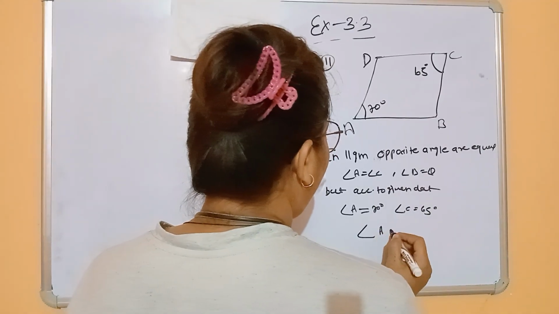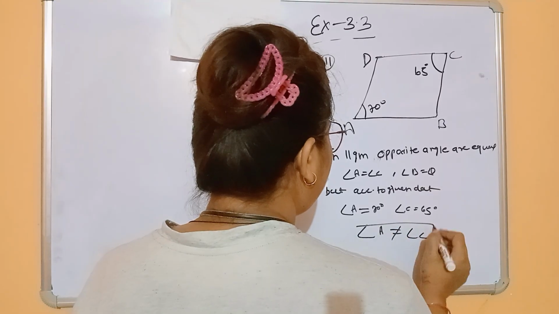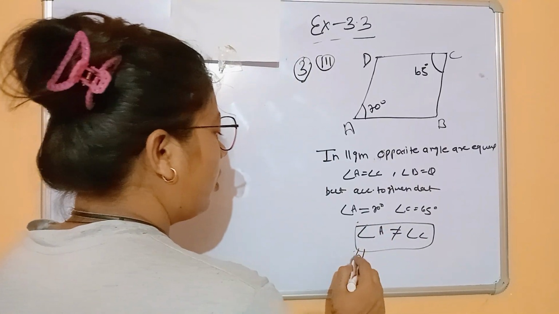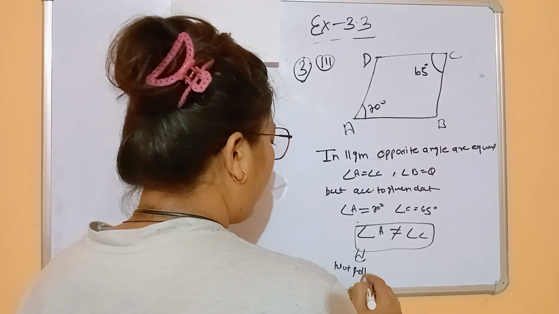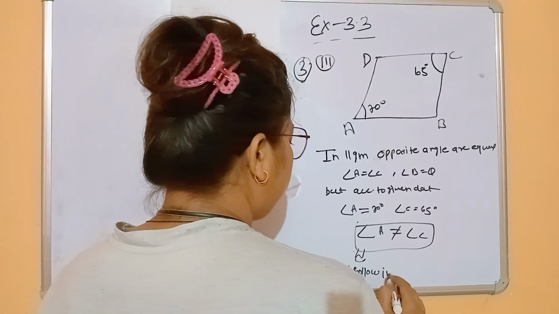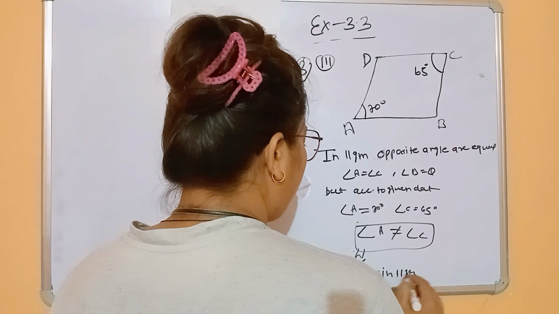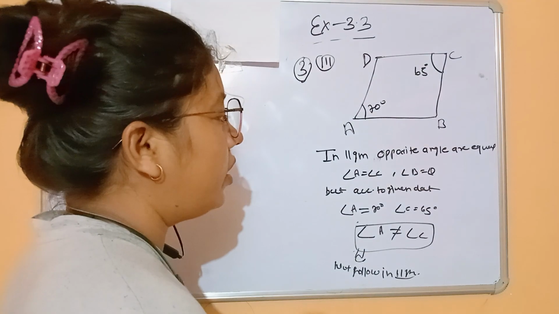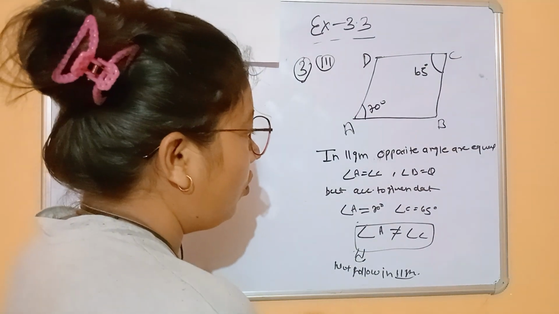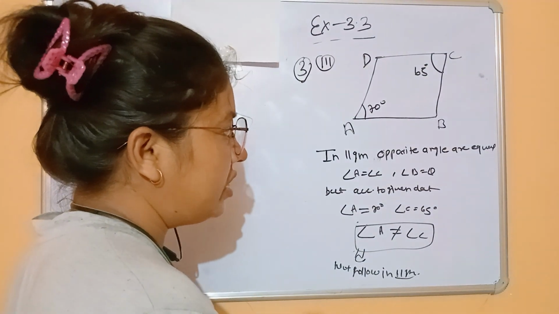That's angle A not equal to angle C, which is not following a parallelogram. So if you draw the figure, you understand easily why it does not follow. It affects your answer.